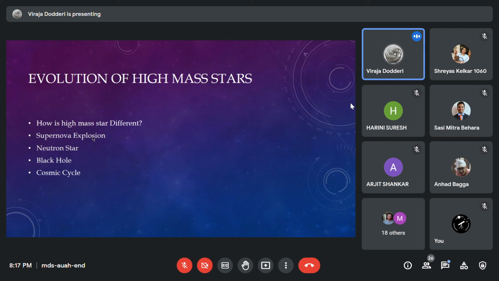And basically, all the materials that are propelled by the delayed supernova mechanism go ahead and become part of the gas cloud, and they continue the cycle of formation of new stars. That is basically the cosmic cycle.